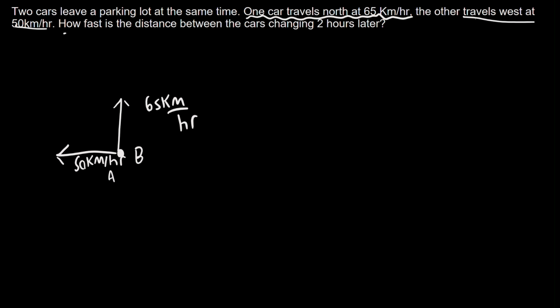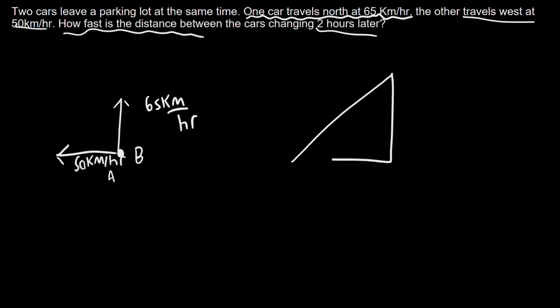And the question's asking how fast the distance between them is changing 2 hours later. So let's draw the diagram a bit bigger, and we can see it's in the shape of a triangle. We'll just label X, Y, Z. So this is car A and this is car B. And car A's speed is 50 kilometers per hour, so we could label that as dx over dt equals 50.